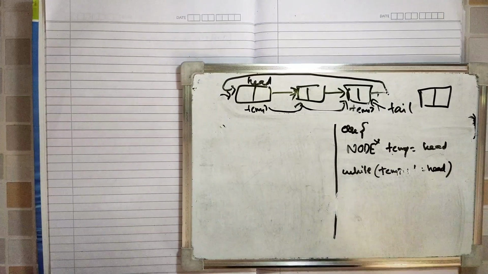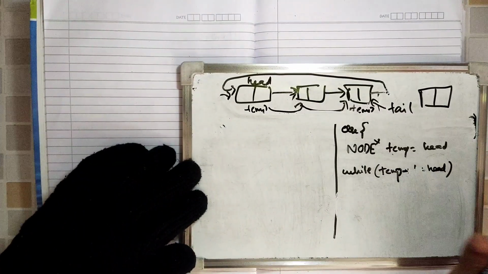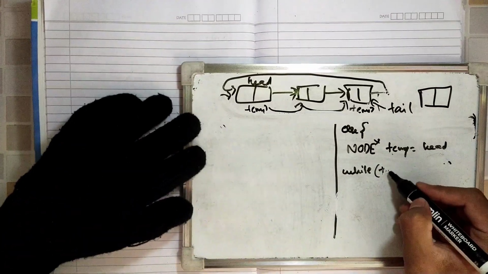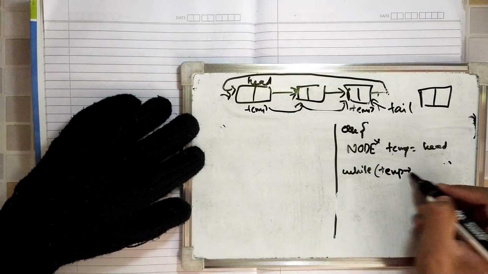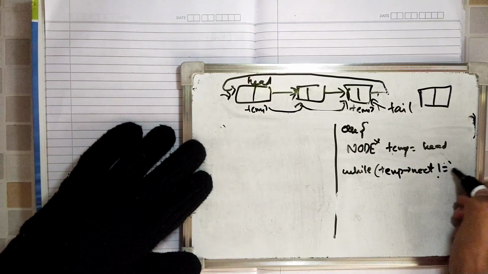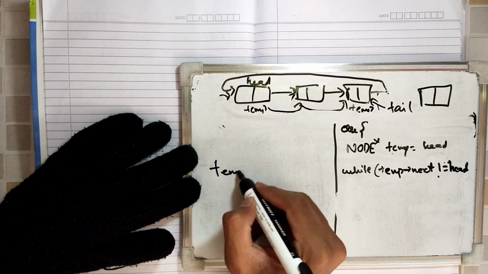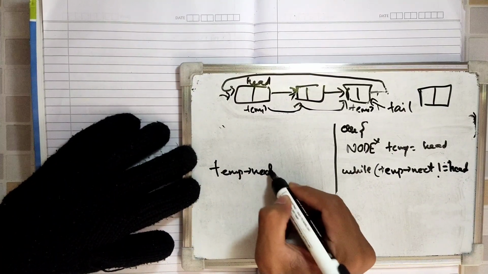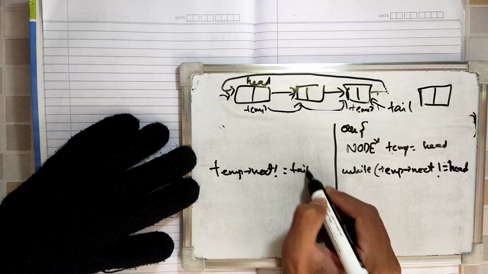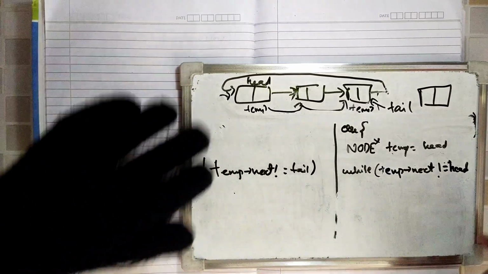So now what will change here? While temp of next not equals to head. And for the previous thing, temp of next not equals to tail it was. Remember, this was for the deleting condition to stop at the last second position.